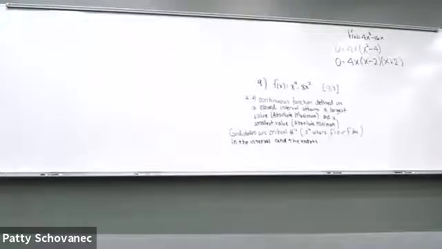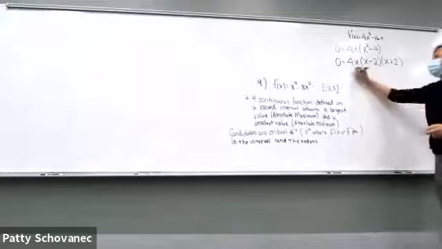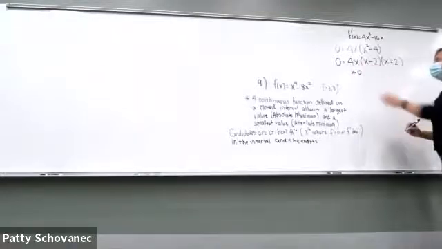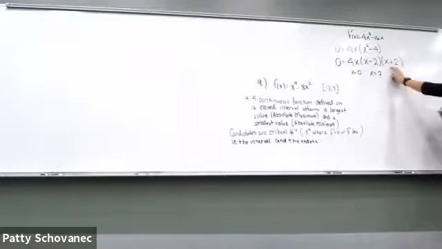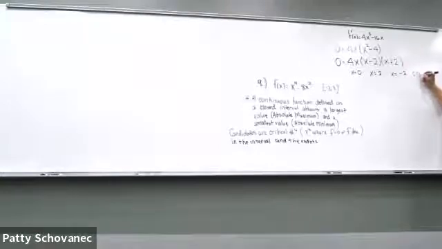We get 3 factors, so we have 3 critical numbers. This factor is 0 when x is 0. This one's 0 when x is 2. And this one's 0 when x is negative 2. Those are the critical numbers. All 3 of them are in the prescribed interval, so they're all going to be candidates.